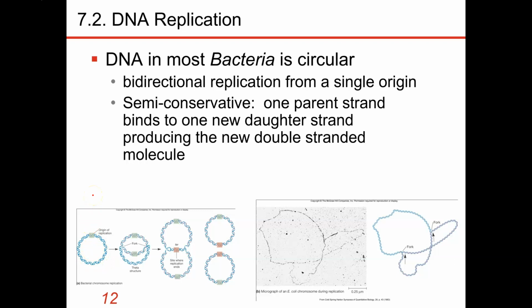In replication, we're going to start replication at a region called the origin of replication. Replication occurs in both directions because DNA is always produced in a 5' to 3' direction.